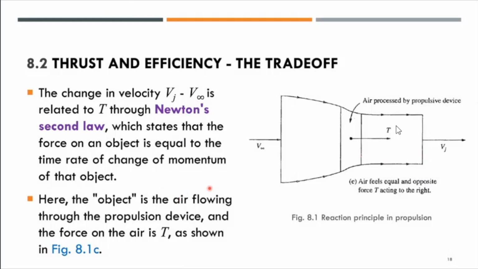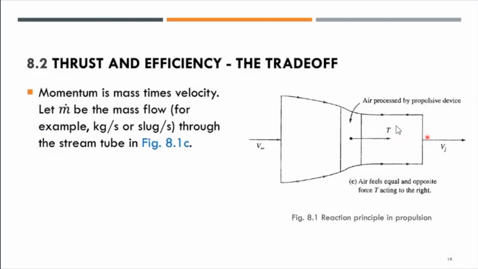Here the object is the air flowing through the propulsion device from left to right, and the force on the air is given as T. Momentum is mass times velocity, with m dot the mass flow, for example in kilograms per second or slug per second, through the stream tube.